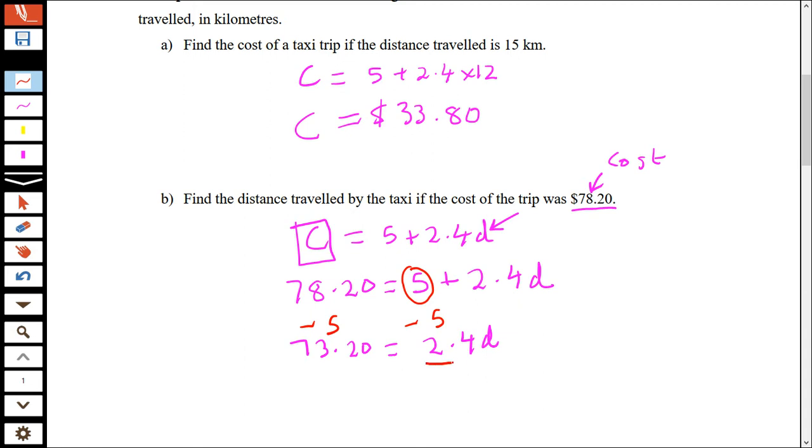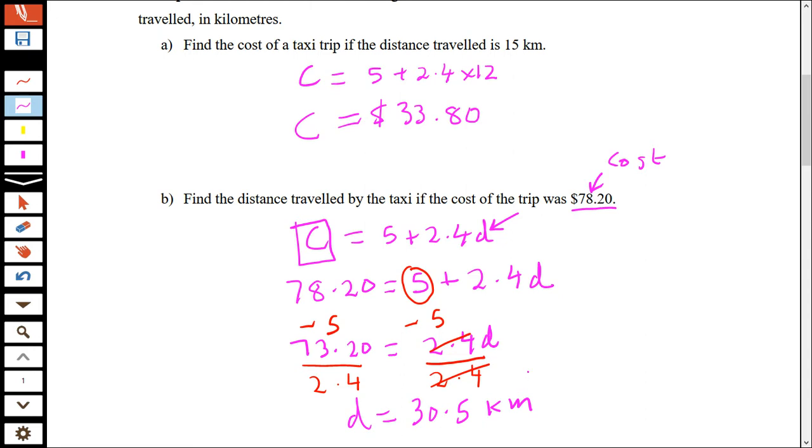So we're going to divide by 2.4, divide by 2.4, and then D is equal to 73.2 divided by 2.4, which is 30.5. Now it's not dollars, of course. What are the units? Look back in the question, it should be kilometres.